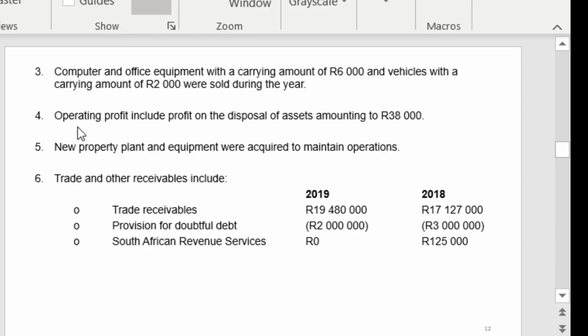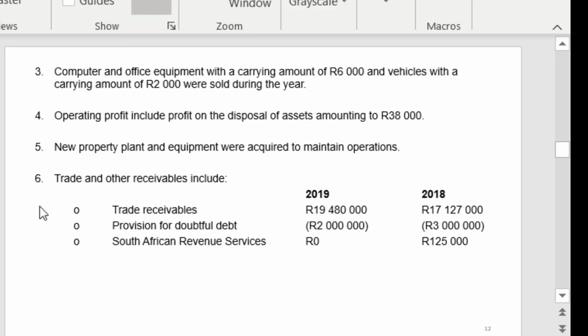Additional information number 4, operating profit includes profit on the disposal of assets amounting to 38,000. Additional information number 5, new property, plant, and equipment were acquired to maintain operations.